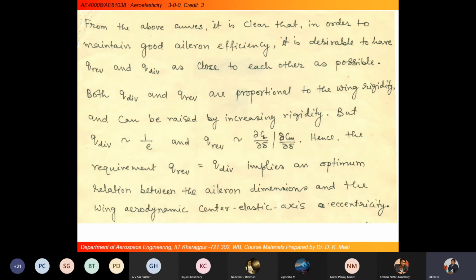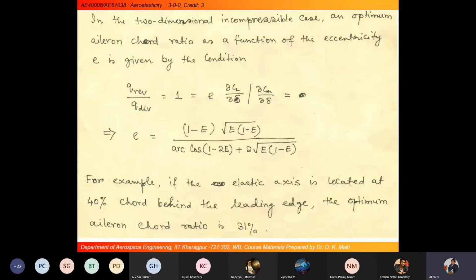So finally we can take a decision that Q divergence and Q reversal are equal, and at that condition we are interested in finding out the control surface length, or percentage of control surface length.